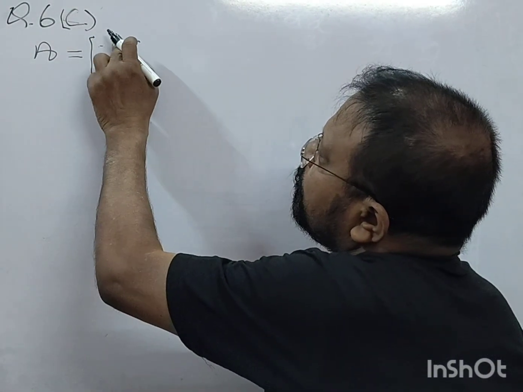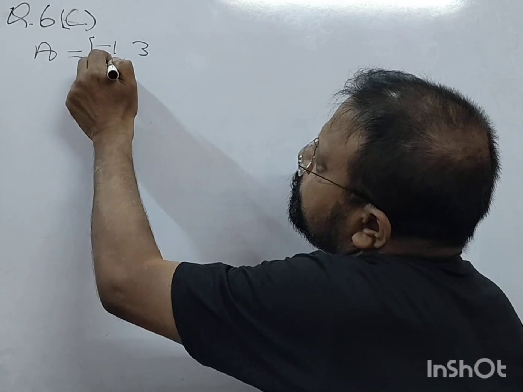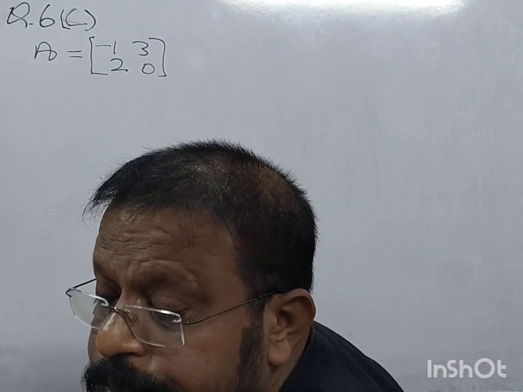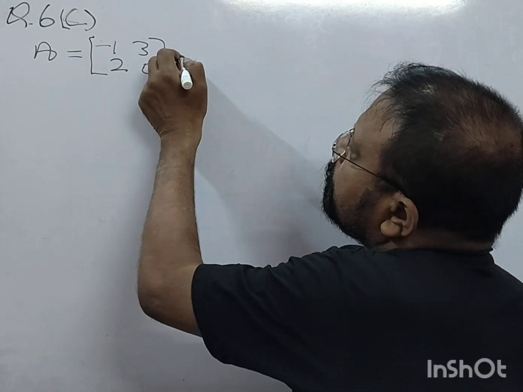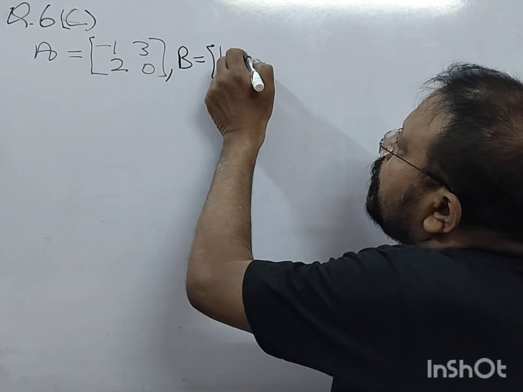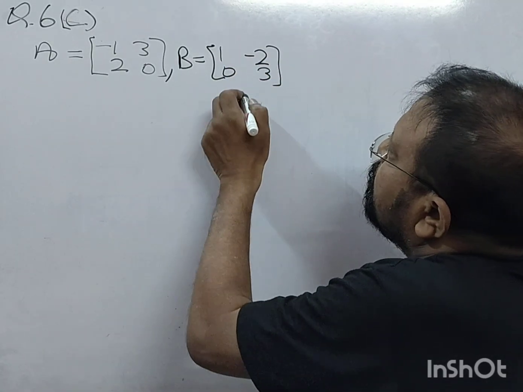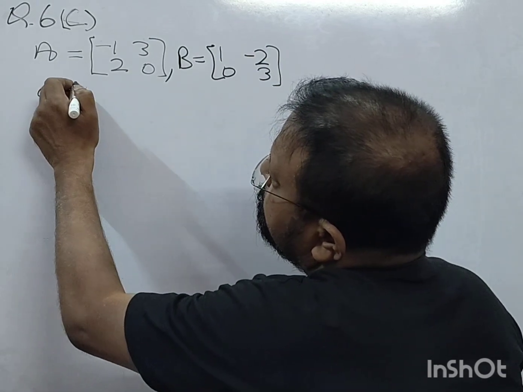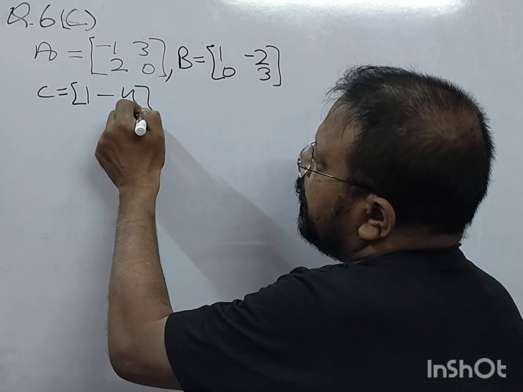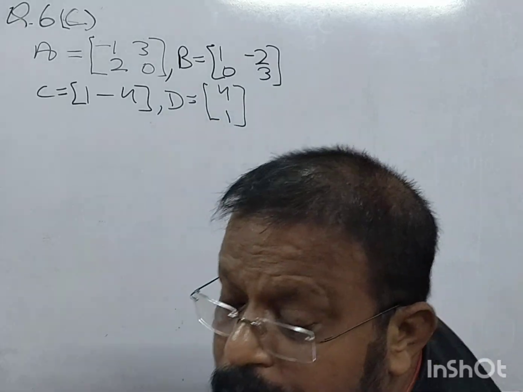Then B is matrix 1 minus 2, 0, 3. C is 1 minus 4. And D is 4, 1.